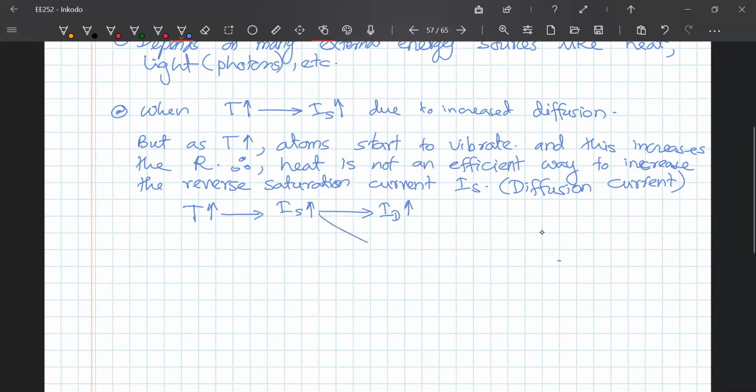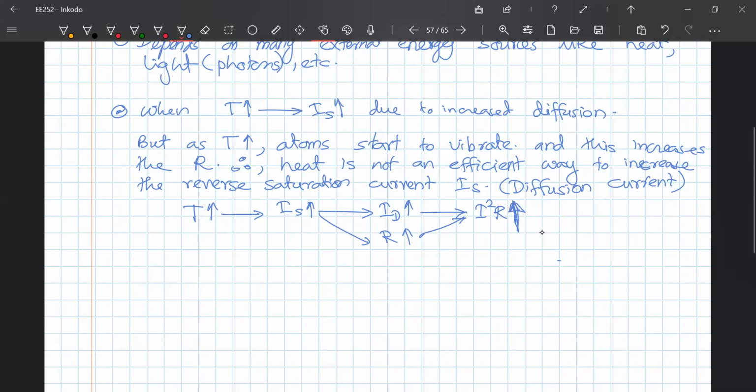But this also increases R. Because of that, the power dissipation, I squared R, will also increase, much bigger, right?